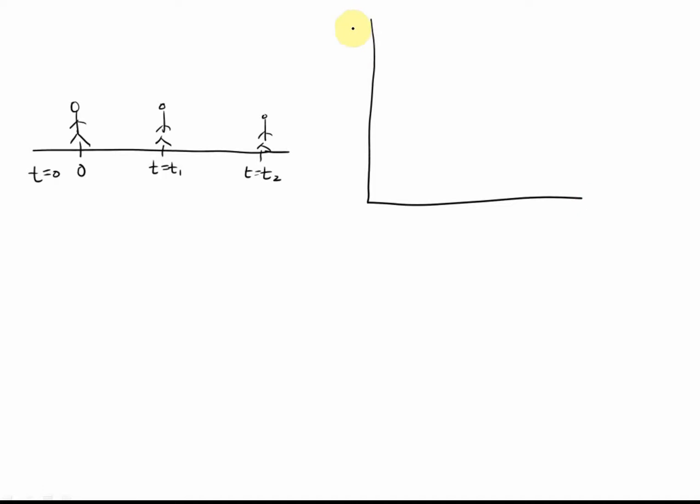Let's say you are running or walking, moving from your first position to a certain position, okay? So time is equal to 0, you start from here, and then at time t1 you are here, and at time t2 you are here. So if you make the position y, let's say this is the y coordinate, so y is a function of time, and this is time.